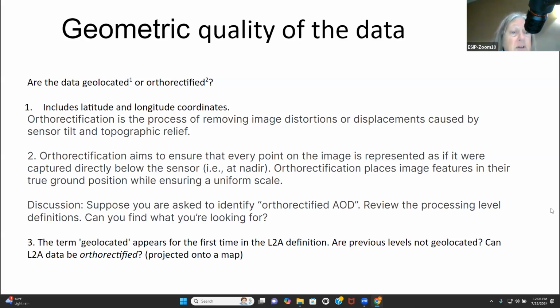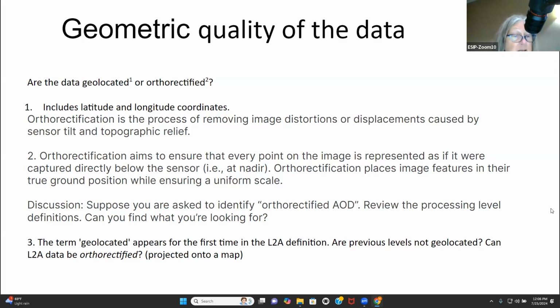The processing levels are unclear about that, he points out, so you can't tell from reading the processing level whether a data product is just georeferenced or whether it's been orthorectified. He also points out that the term geolocated appears for the first time in the level 2A definition, but what about the previous levels? Does that mean previous levels aren't geolocated?